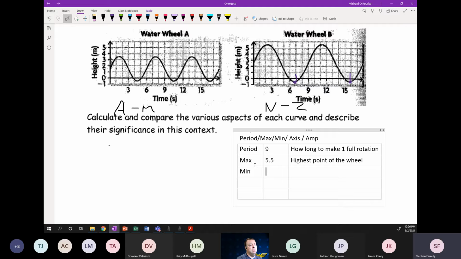That would be minus 0.5. And what's that in this context? The lowest point of the wheel. Yeah, but also how far under the water? Yeah, how far under the water? Right. And the highest point, that's above the water. Right, above the water, okay.